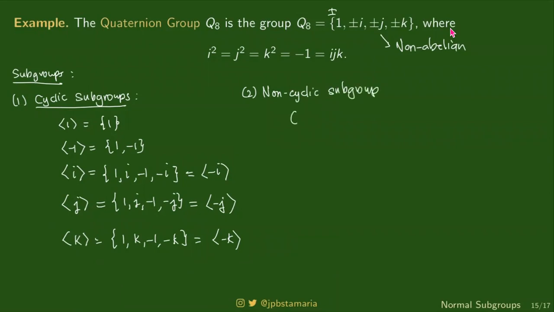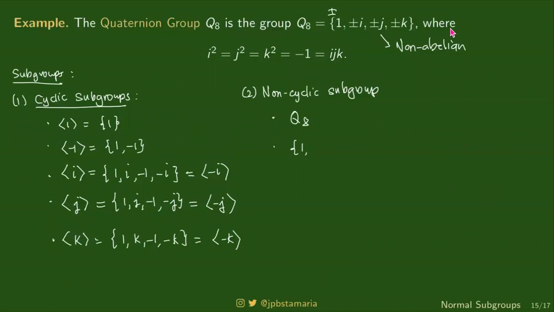Of course, first on the list is Q8 itself. Okay? Q8 itself. Now, aside from Q8, are there any others? Let's try 1. I put in i. You know, it goes like this. The truth is, i, j, and k all have order 4.